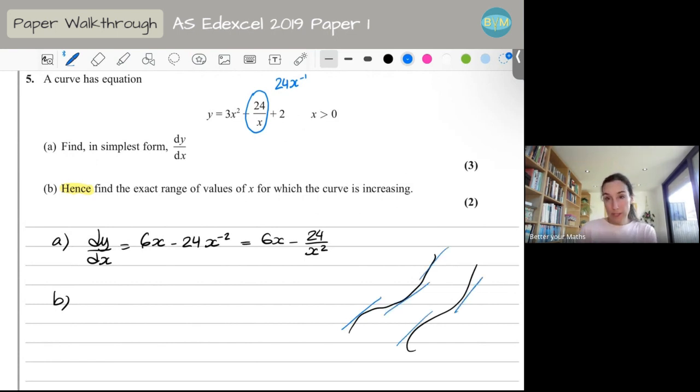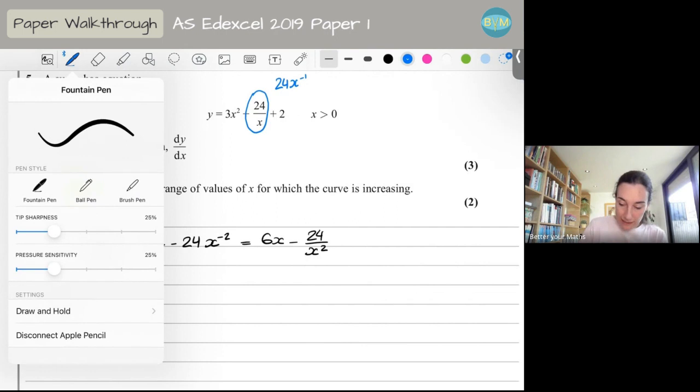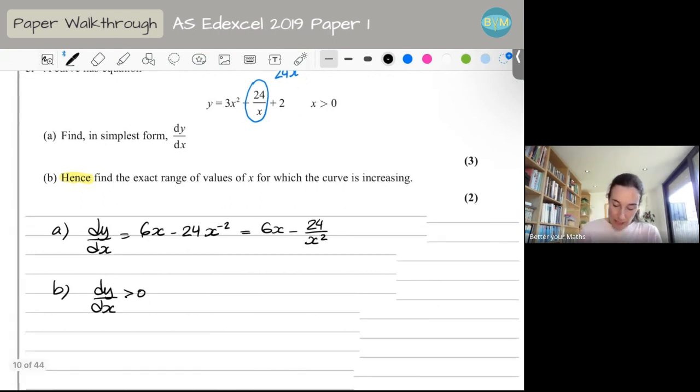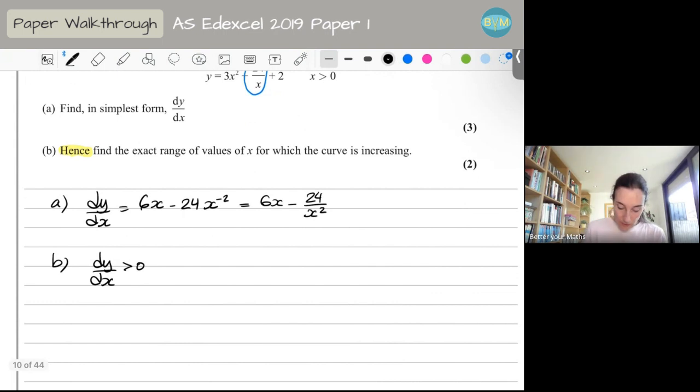So the way of checking if the function is increasing is checking if the derivative is positive, because the derivative is giving me the gradient of the tangent. So the function is increasing when dy by dx is positive. Sometimes you will see equal or greater than 0. So let's see when that happens. We have the derivative, which is this function here, and we want to see when this is positive. So please try to do it with me.